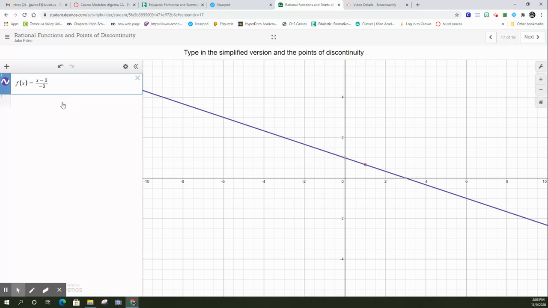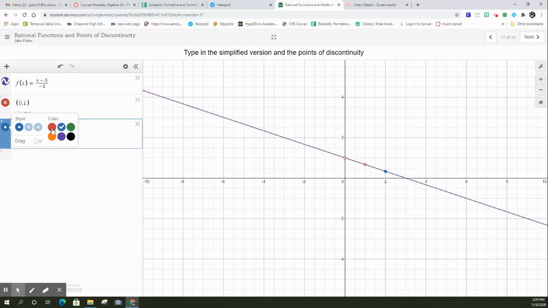And then I want to draw my holes there. So my holes were 0, 1. Again, we make that an empty circle. And then it's 2, 1/3. Again, we want to make that an empty circle as well.